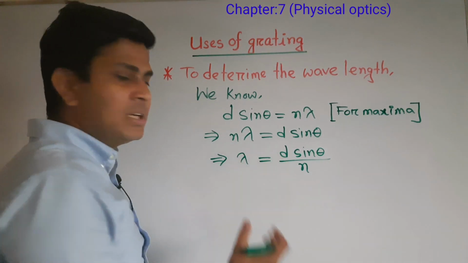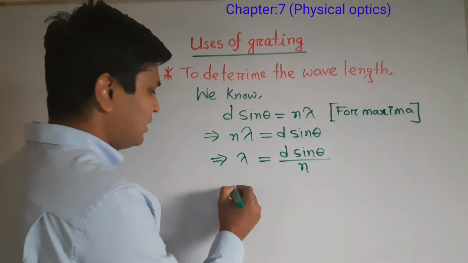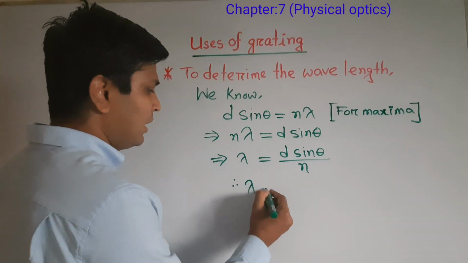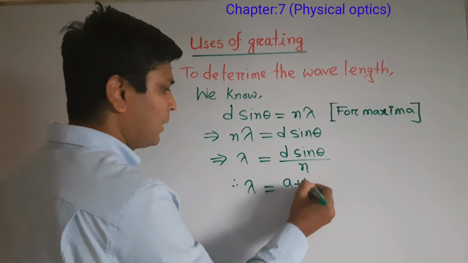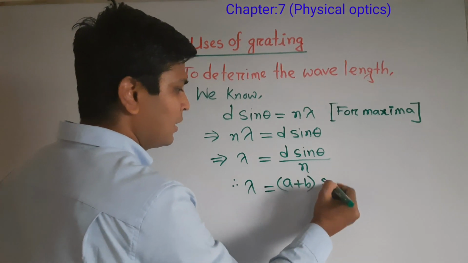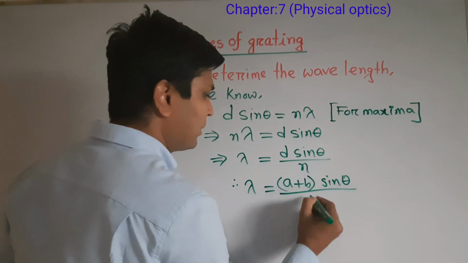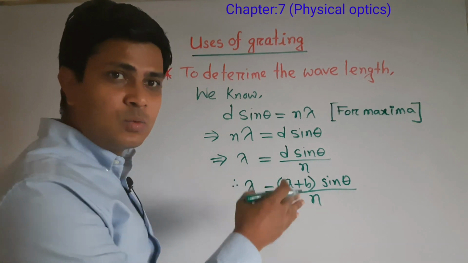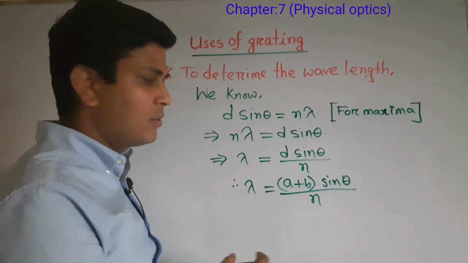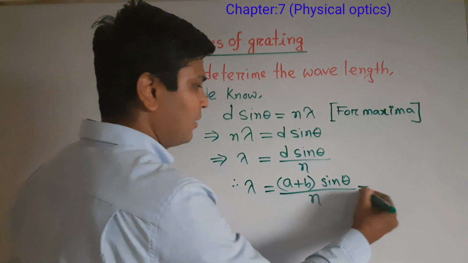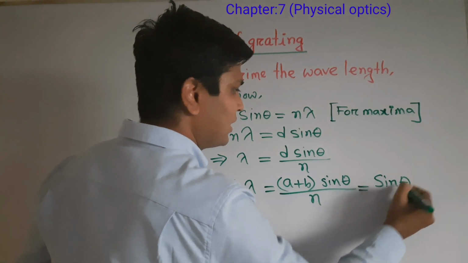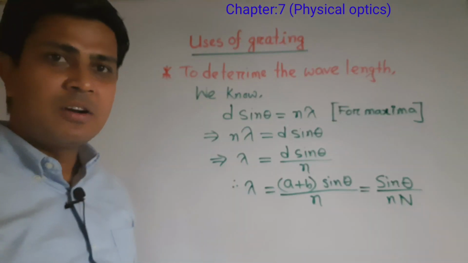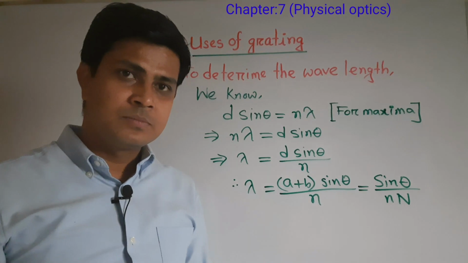Here D is the grating constant, so we can write the grating constant in that way: lambda equals (a plus b) sine theta divided by small n. Now, if we put the value of d as 1 by N, the formula will be lambda equals sine theta divided by small n by capital N. Here N is the number of grating lines per unit length.